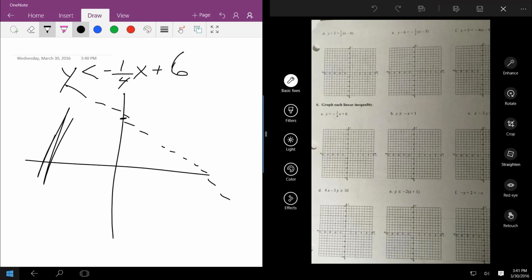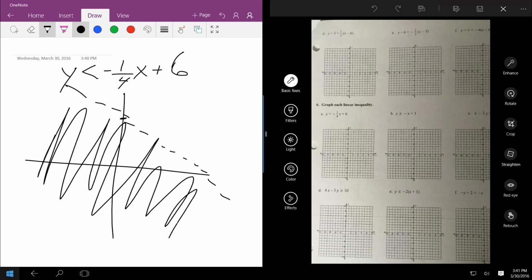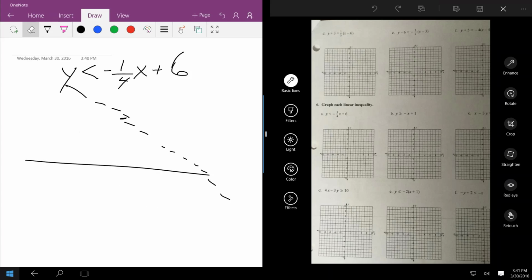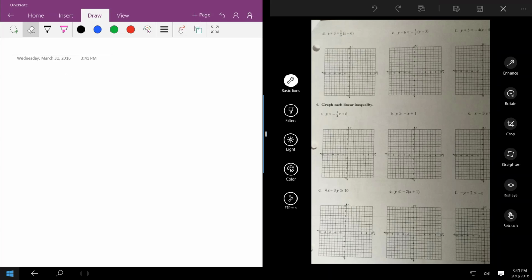So the only axis we care about is the y-axis. In other words, even if I had something that looked like this, where it would be hard to say up or down, hold on.